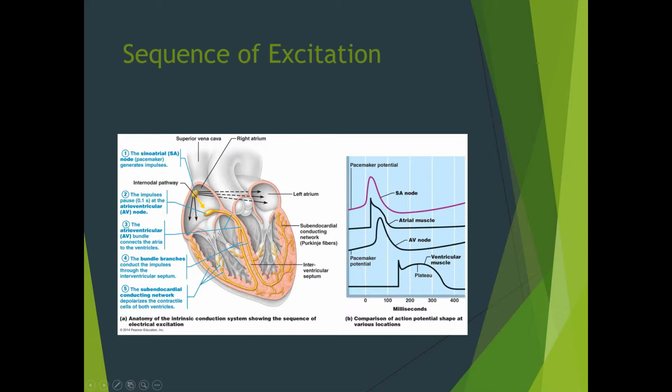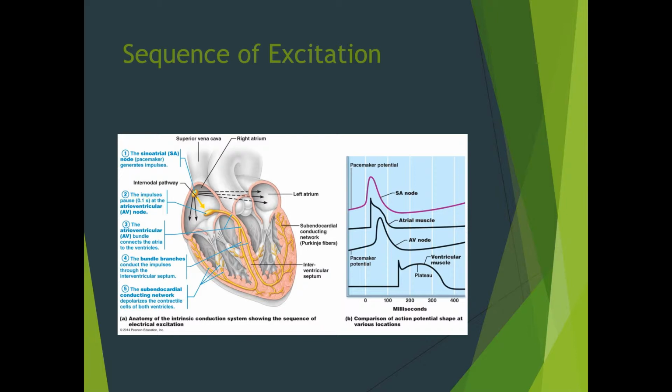Sometimes you'll get little extra spots in here where the Purkinjes are within the ventricles, and they fire on their own. Maybe caffeine will affect them, or something in a Red Bull besides the caffeine. Those energy drinks, you guys, you just don't even want to take them. And so then we'll develop what are known as ectopic foci. An ectopic focus is where another part of the heart depolarizes.